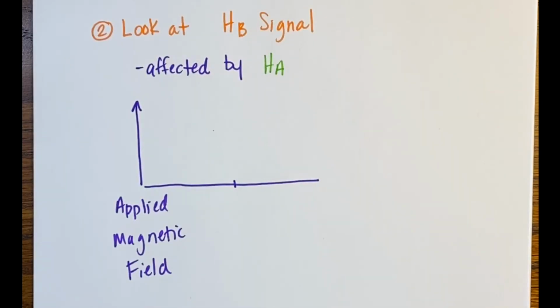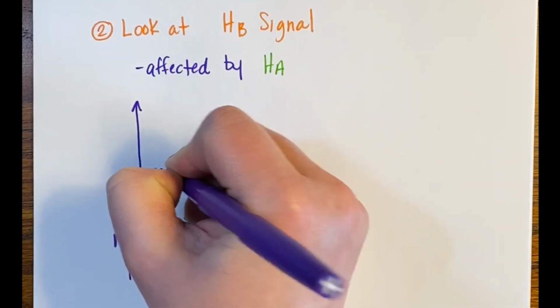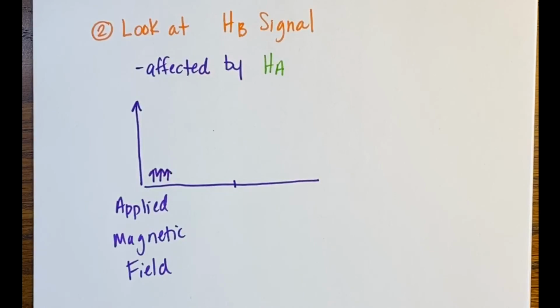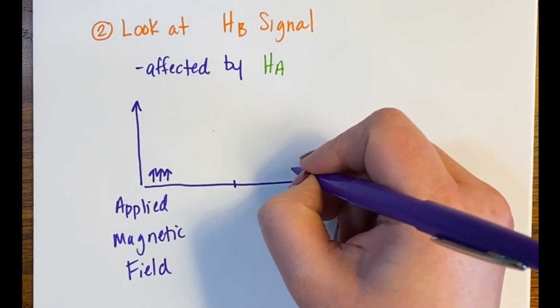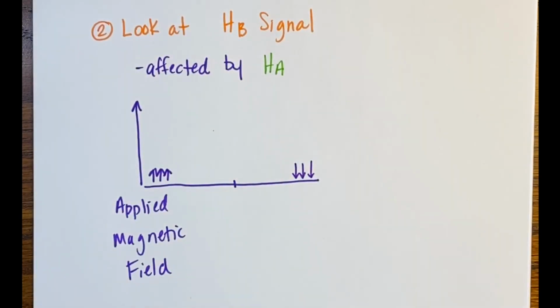There are 3 protons that we've identified as HA, and all 3 of those protons could work together to enhance the magnetic field. That's going to pull that line in the spectrum to a higher chemical shift. All 3 of the protons that we have called HA could work together and oppose the applied magnetic field. So we have 3 up and 3 down as our first 2 possibilities.